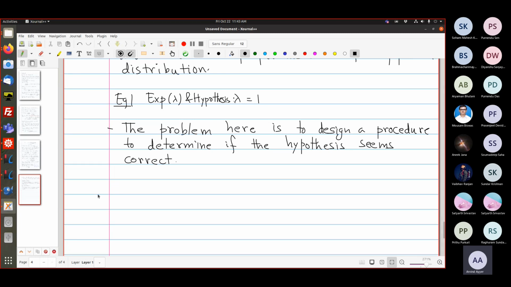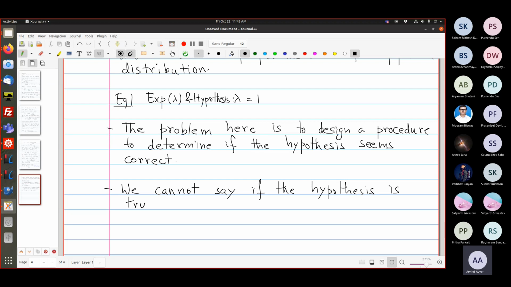Okay, and I should warn you that we cannot say with absolute certainty if the hypothesis is true or not.